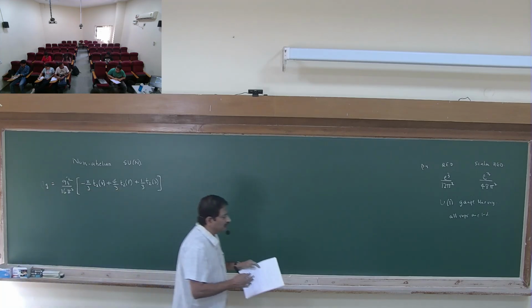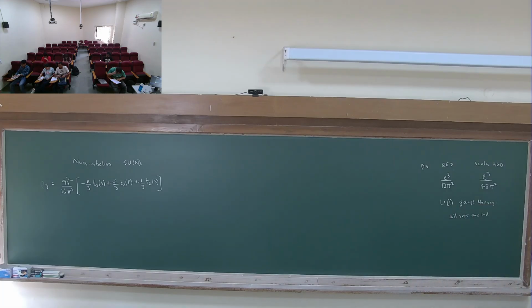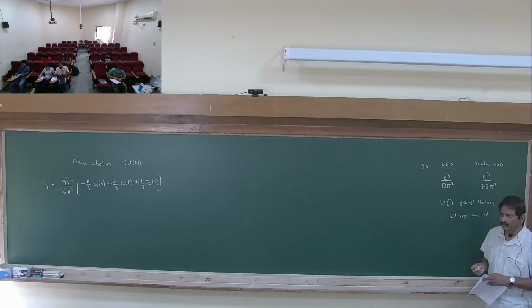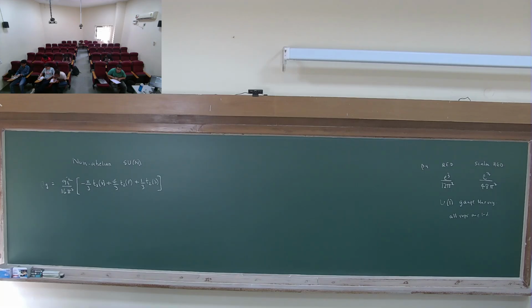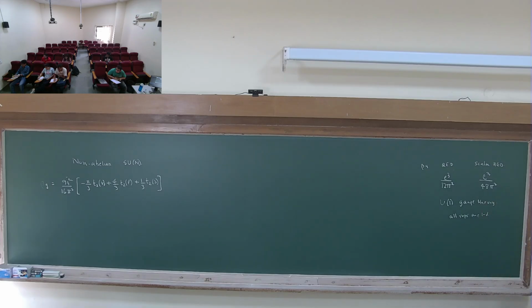Okay, so any of these theories has two aspects to it. One is the gauge vector particles, and the other is the matter. And the matter typically is fermionic, but you can also have scalar particles. So it does matter what the matter is as far as your theory is concerned.